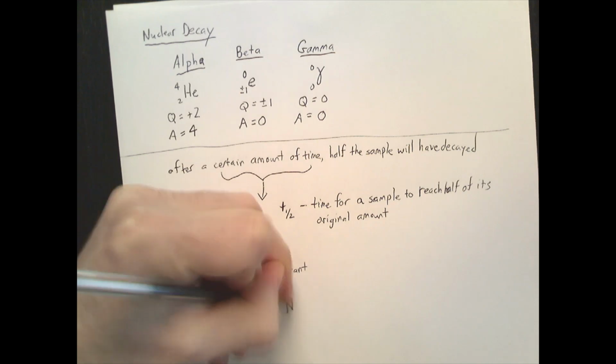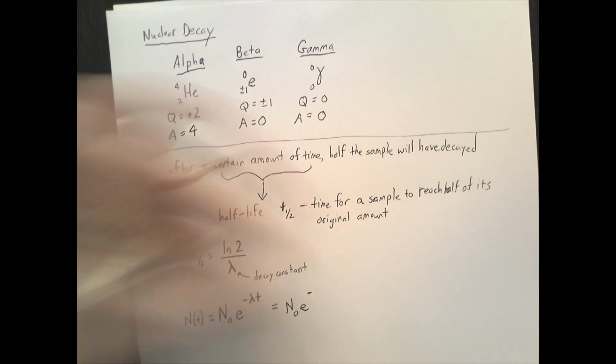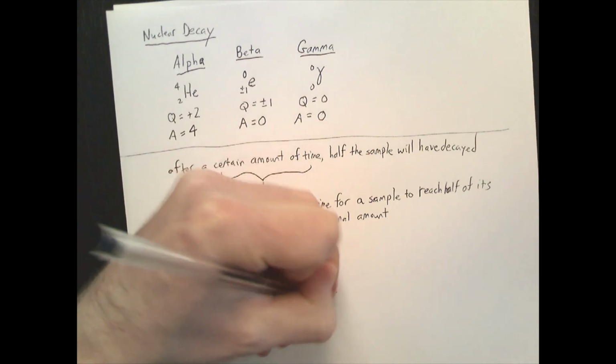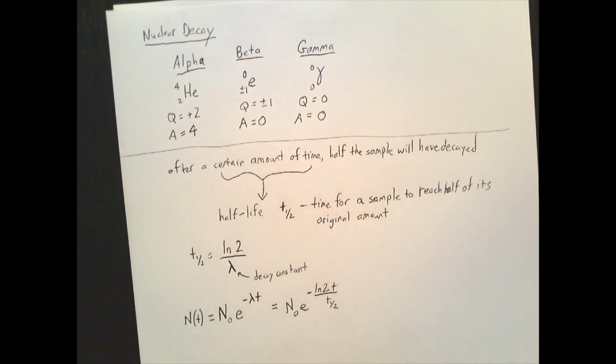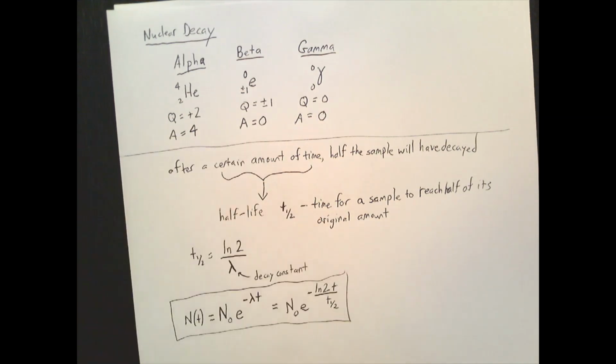Or we could rewrite this as N0 e to the minus lambda t, where lambda is equal to ln2 divided by our half-life. So this function is exponential. It decays exponentially. For every half-life that passes, we end up with half of the amount we started with. And that's the real key here.